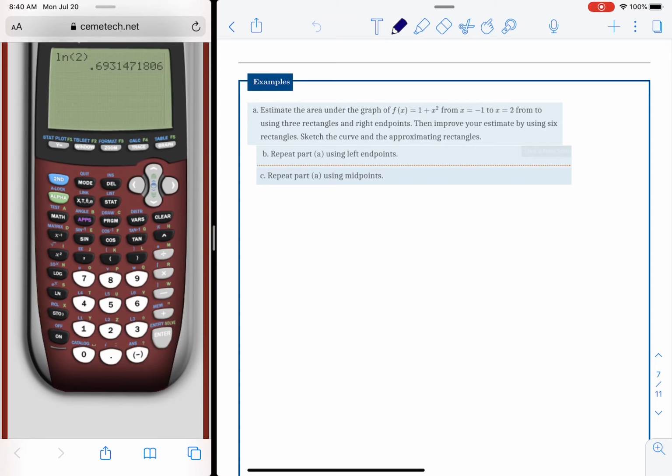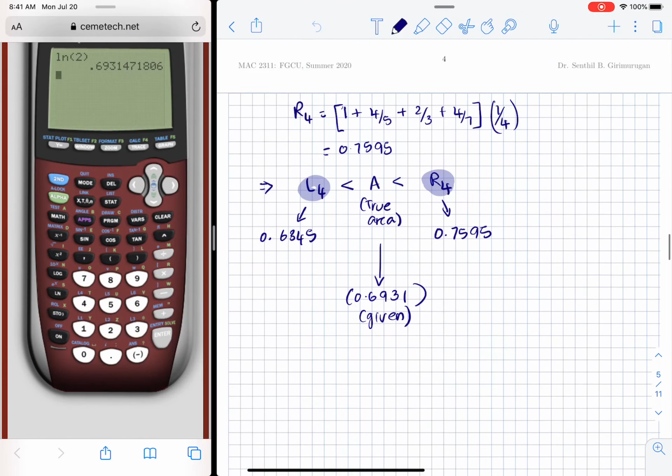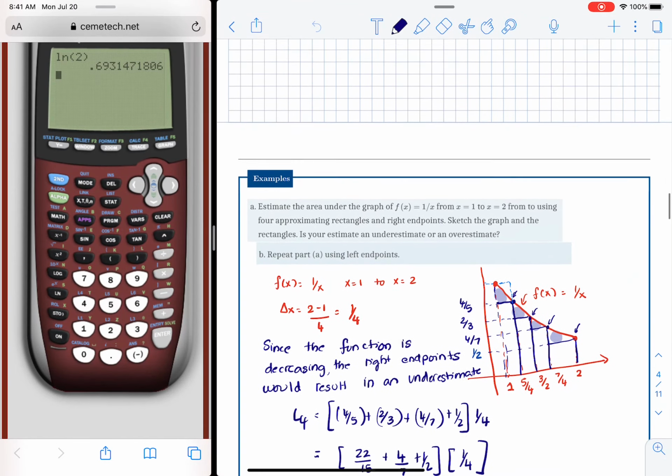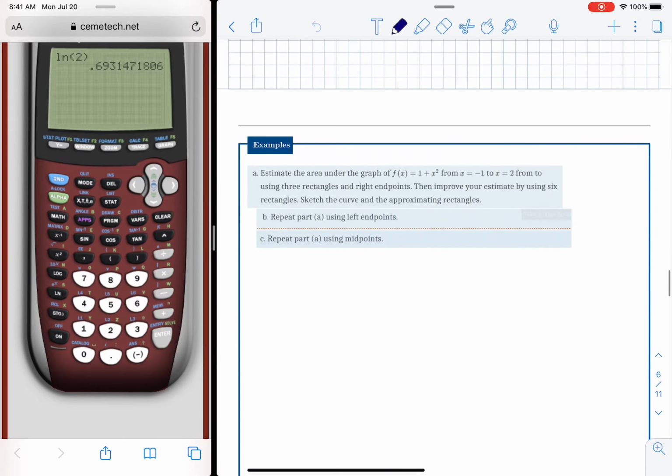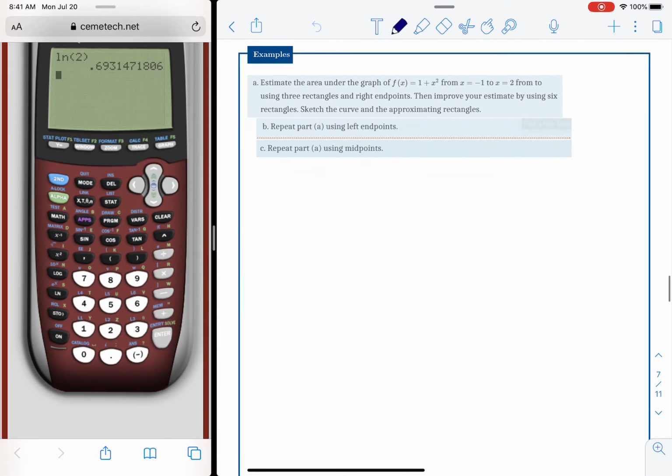Here is another example of estimating areas using rectangles. This is a slightly different problem where we're going to use 3 rectangles first, then we're going to increase it to 6 rectangles. The point of the example is to recognize that as we increase the number of endpoints, the estimate is going to be more accurate.